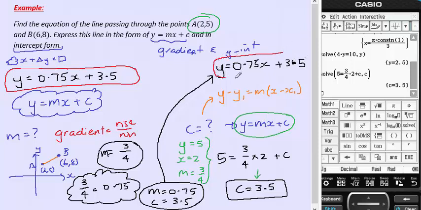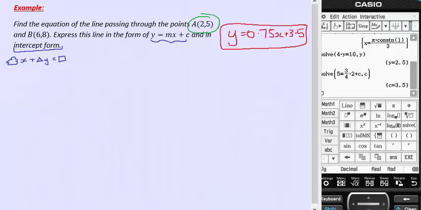And look at this, it's like magic. This and this are the same thing. So I've just worked out the equation of the line using algebra or using my calculator for the shortcut, and I get exactly the same thing. So I know that y equals 0.75x plus 3.5.